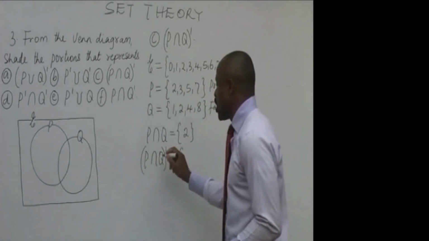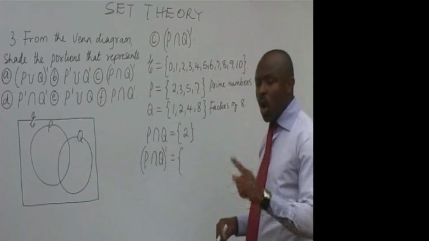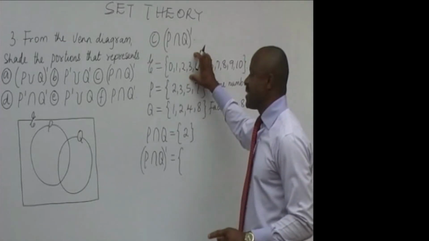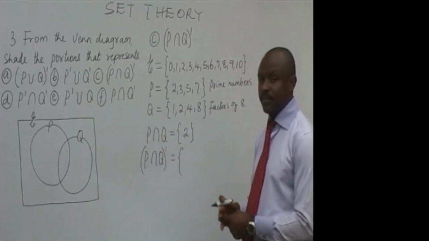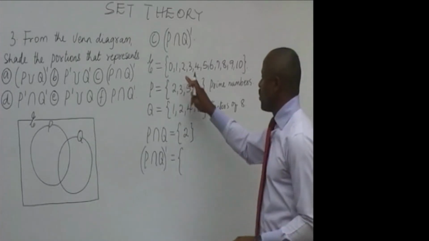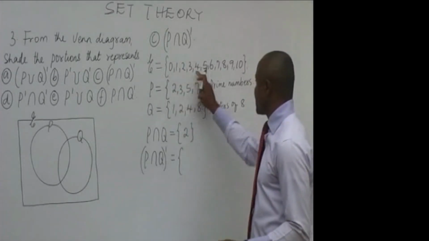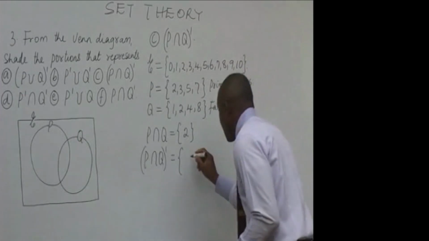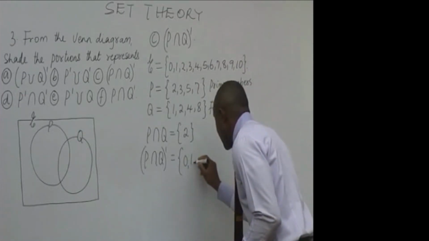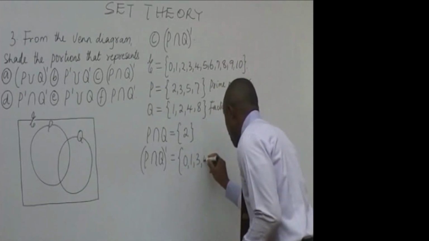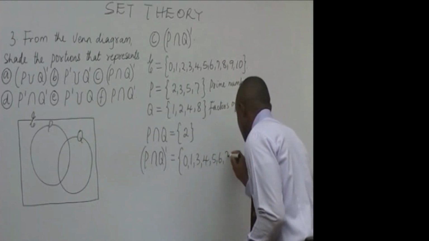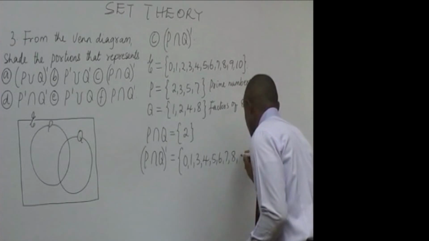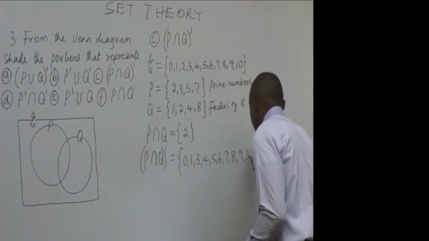P intersection Q prime are those members of the universal set that are not found in P intersection Q. So just remove 2 from the universal set and write down the remaining ones. So we have 0, 1, 3, 4, 5, 6, 7, 8, 9, 10.